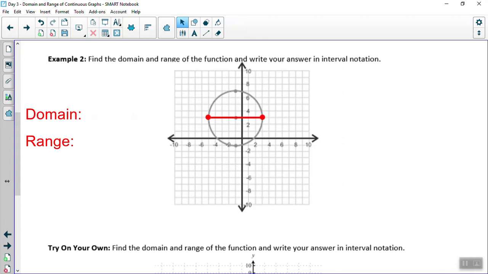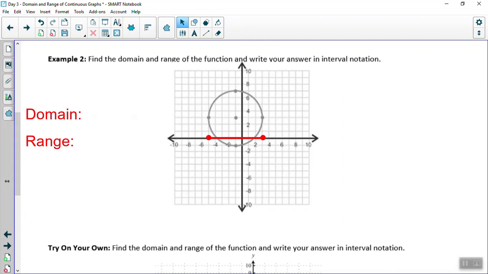So my domain is everything in between, because if you think about it, if I were to trace the outside of this circle, every ordered pair is going to have an x value that's somewhere between -5 and 3. All my x values for every point along this graph are somewhere between -5 and +3.